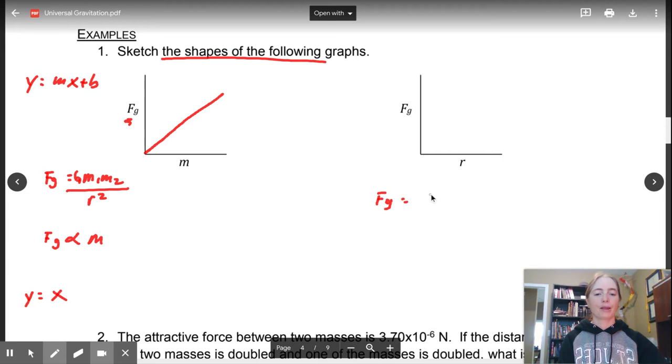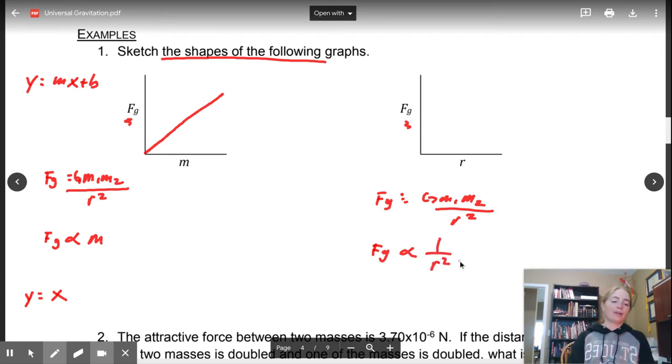Now for our radius, ladies and gentlemen. Same idea. Take your equation, make everything else 1. We want Fg to be on its own because it's on the y-axis. And then we're going to put a proportionate sign, make everything else 1. Now we're proportionate to 1 over r squared. That's important. Our radius is squared. So the farther away you get from your mass, your Fg is going to plummet. All right?